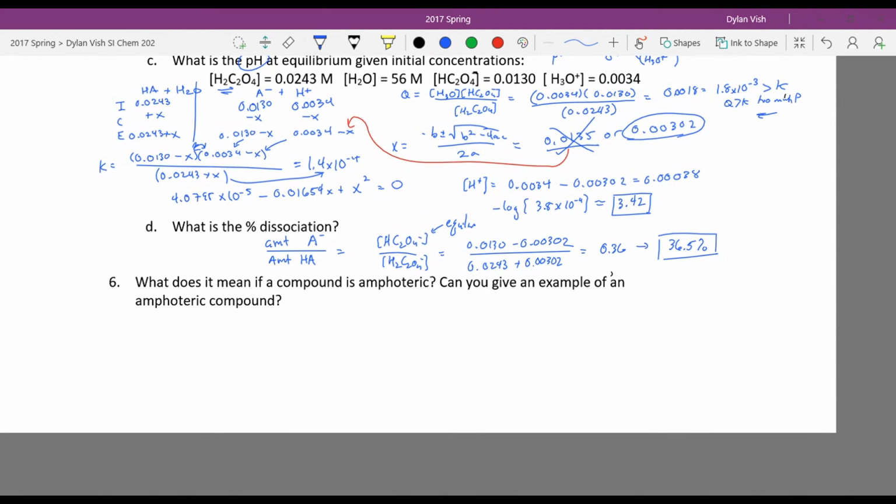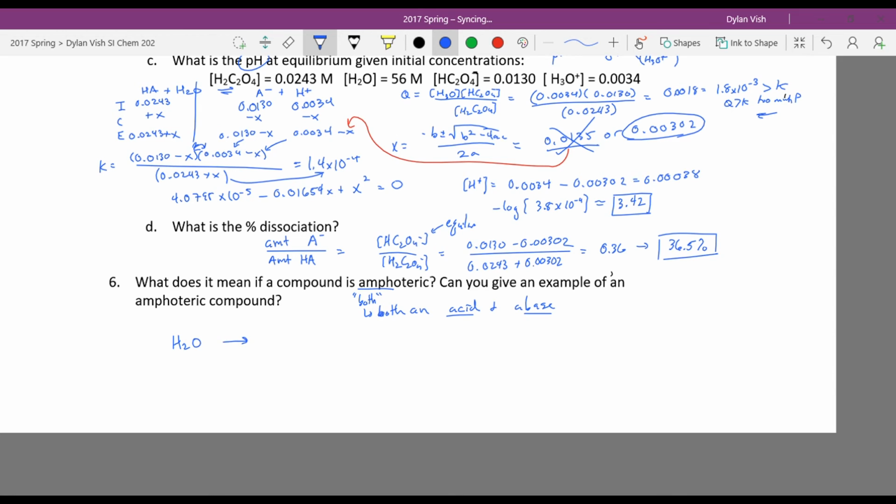So what does it mean if a compound is amphoteric? Well, we've seen this word amph before in many different cases. Amph essentially means both. And in this case, we're talking about both, meaning both an acid and a base. So amphoteric means it's both an acid and a base. A typical example is water.